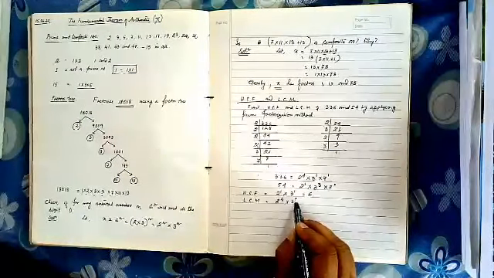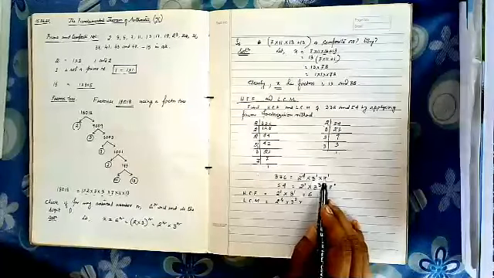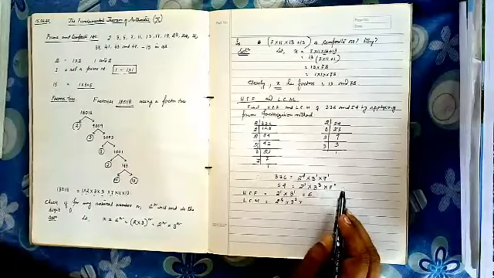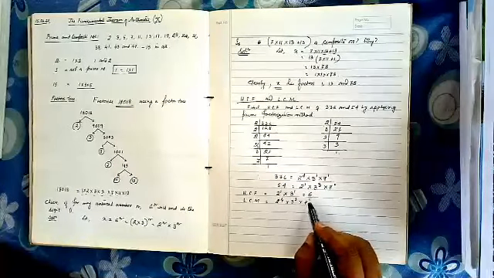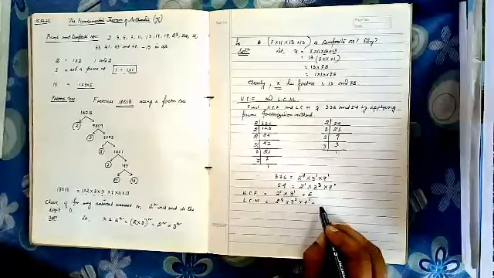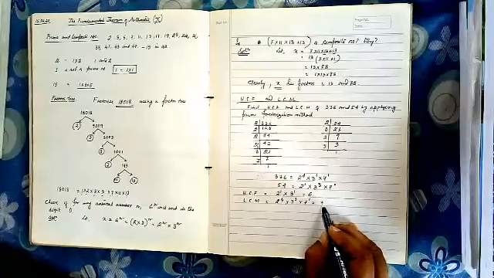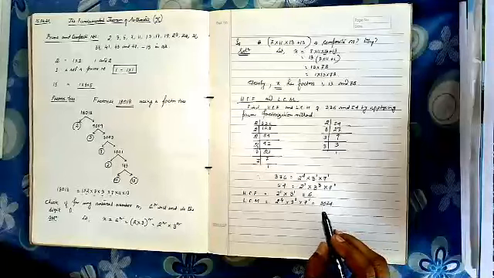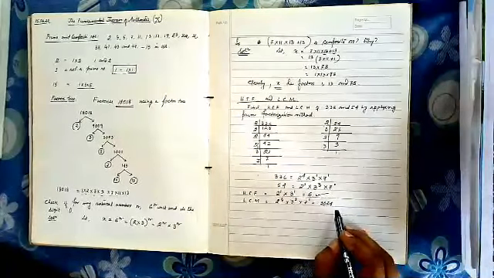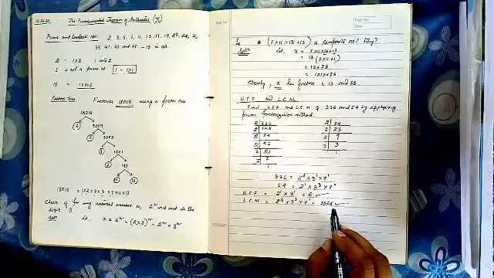So 3 to the power 3. Into 7 to the power 1, 7 to the power 0 means no 7. So highest is 7 to the power 1. So if we multiply, we will get 3024. Therefore HCF is 6 and LCM is 3024.